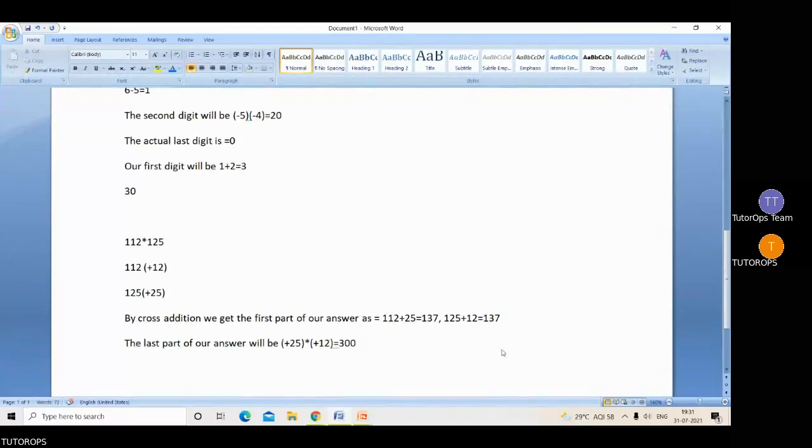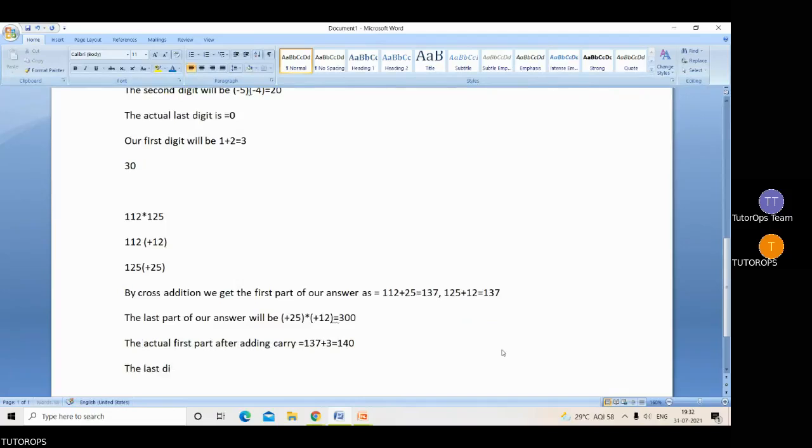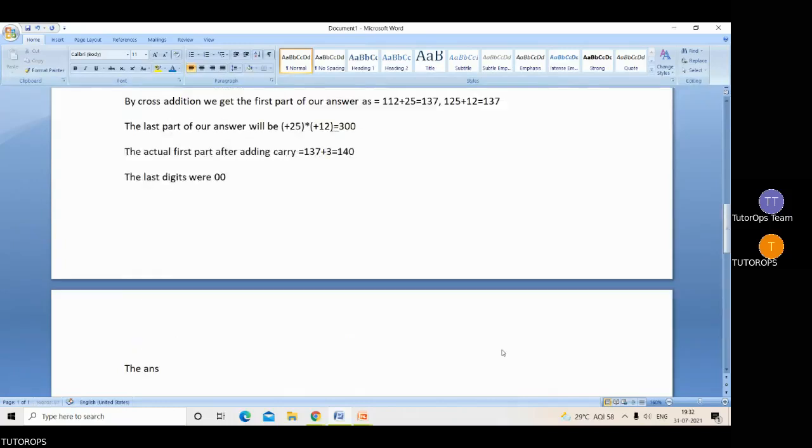So the actual first part after adding carry will be 137 plus 3 as a carry. So it will be 140, and the last digits were 0 0. So the answer is 14000.